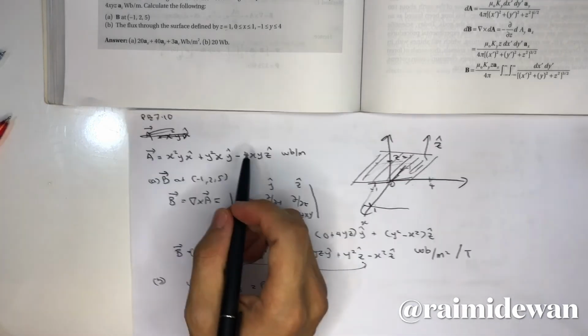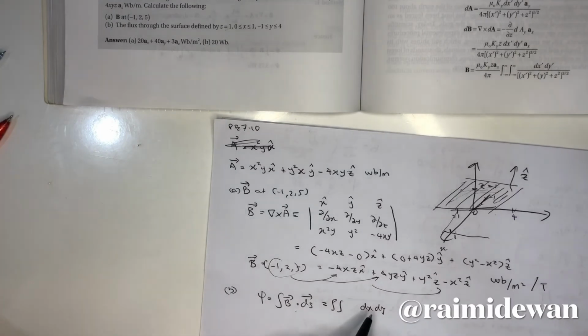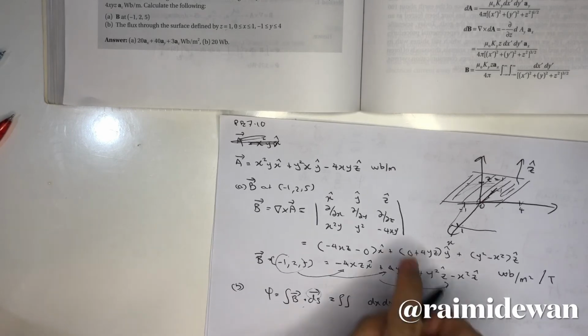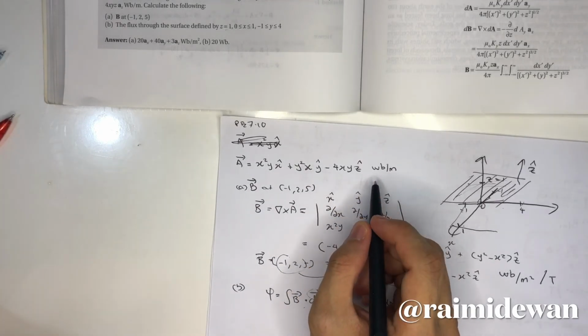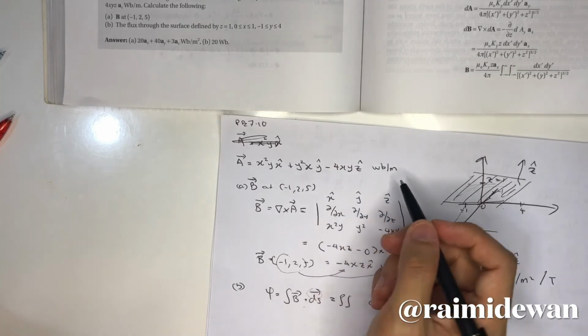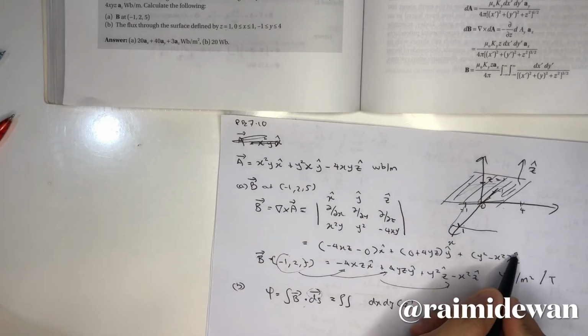So where is your B just now? You take it here. For ds in the z direction, we just need to take those that have the same z direction.